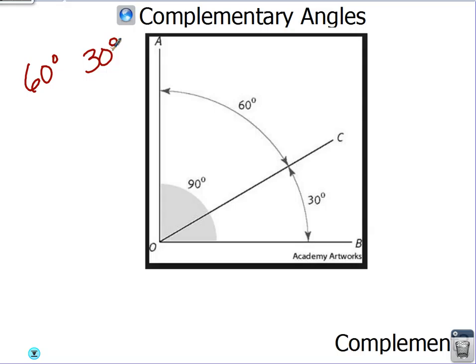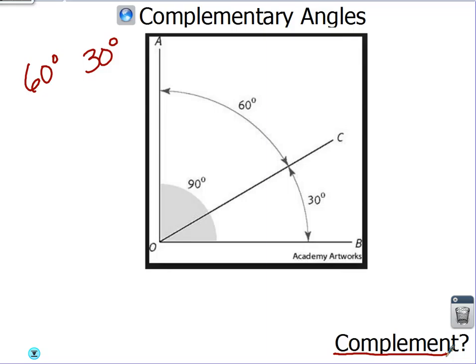Now the word complement, I've got down at the bottom. Complementary is an adjective. Complement is a noun. It means the same thing, but it's just two forms of the same word. We'll get our English in today. Complementary describes two angles that add up to 90.